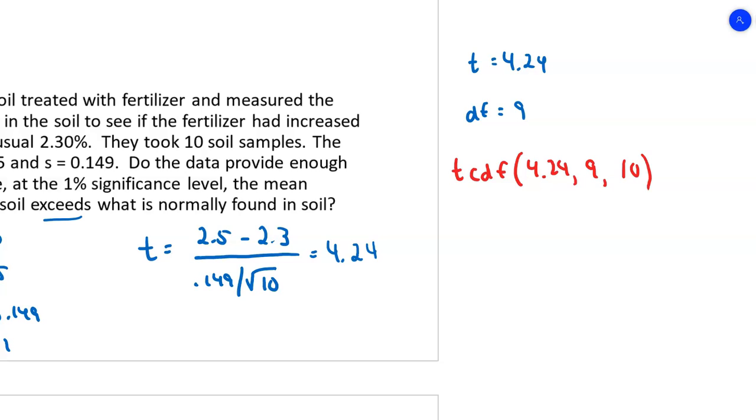All right, so let's throw that in there. 4.24, 9, 10. Very small number. 0.00086.